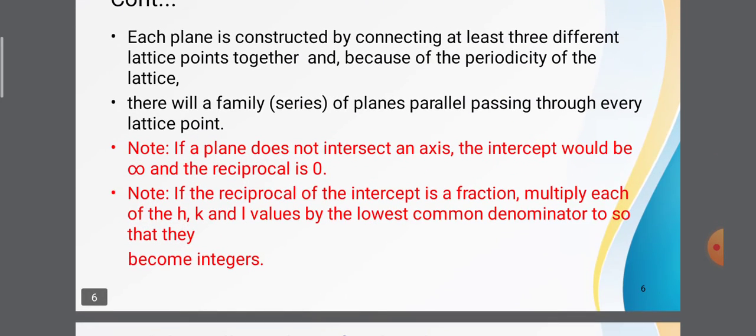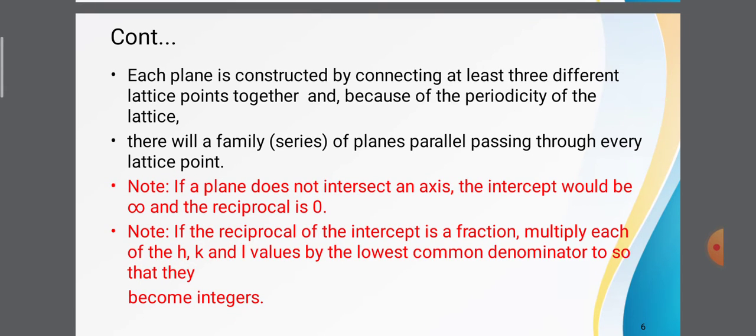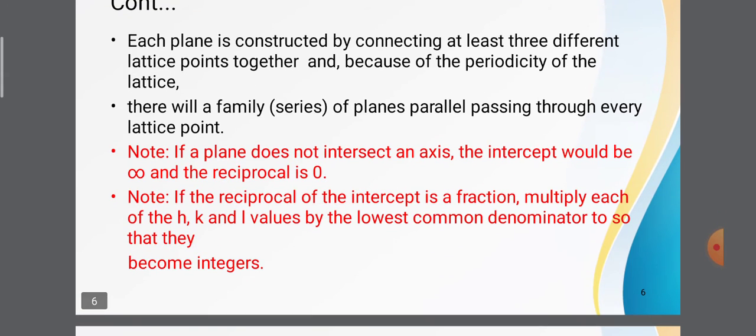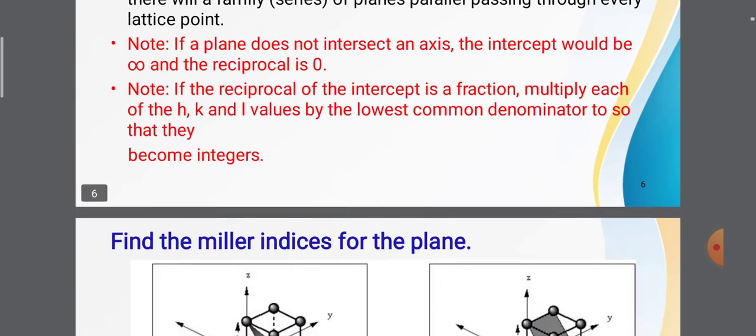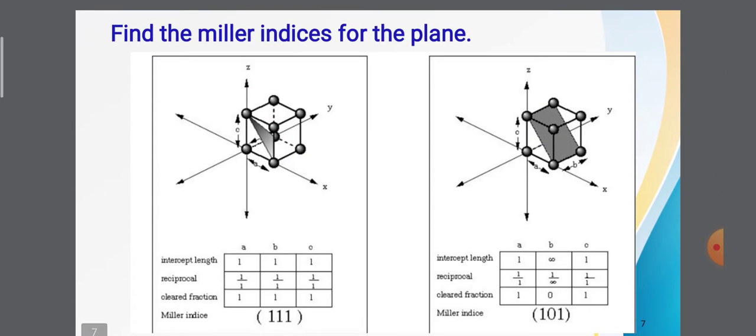If a plane does not intercept an axis, the intercept could be infinity, and taking the reciprocal value is 0. If the reciprocal of the intercept is a fractional number, multiply each of the HKL values by the least common denominator to get the integers. Let's see examples of Miller integers for a plane.